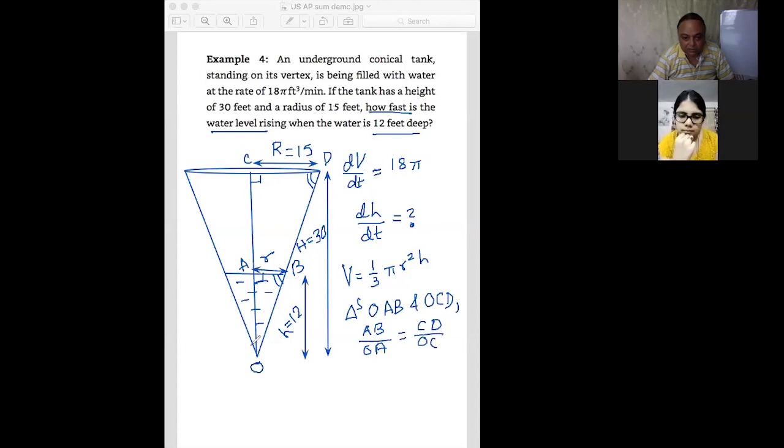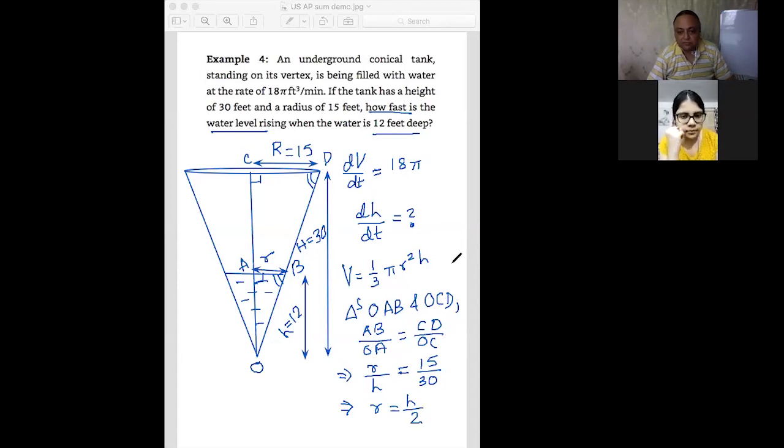So if you now plug in the values, for AB you have R, for OA you have H, for CD you have 15, and for OC you have 30. Right. So you have R equal to H by 2.